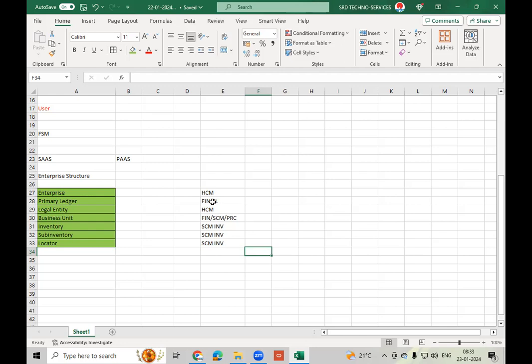The pink and yellow I file in my organization. Why? Because if one copy is missing, another copy will be available. Earlier days were following that only, and the maintenance was difficult.